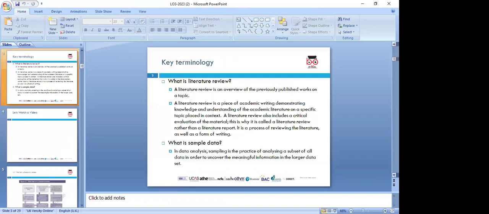Now, on literature review, I've had extensive discussions and lectures when it comes to literature review, where we say literature review is an overview of previously published work on a topic.